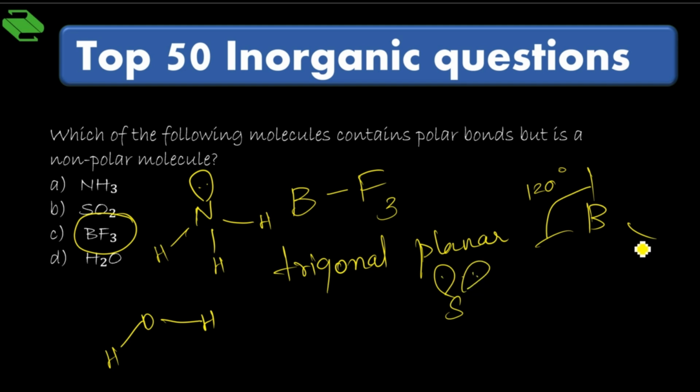In the case of BF3, it does not have any lone pair, it will have an empty orbital. So BF3 has polar bonds, but it is non-polar because these bond polarities get cancelled out.